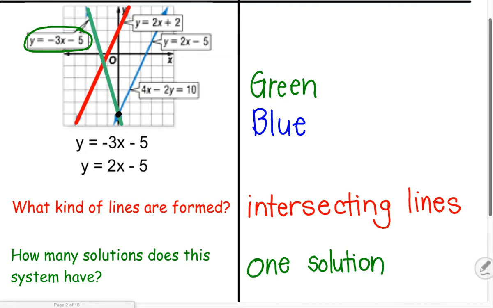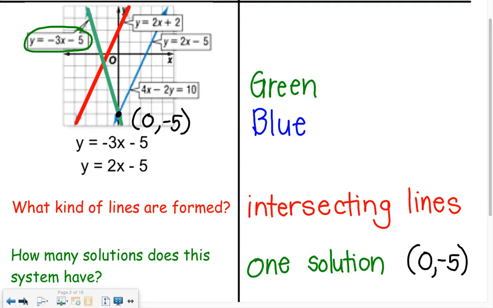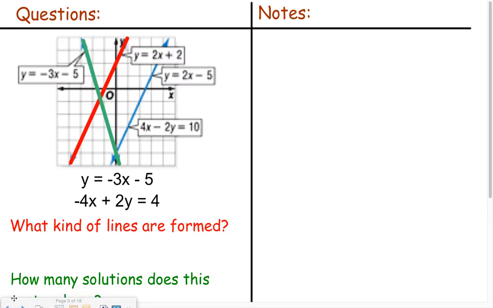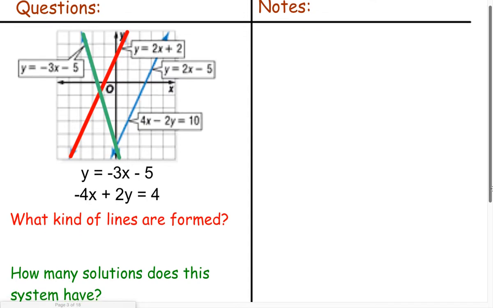So that ordered pair right here would be 0, negative 5. So that's where those two lines intersect. So I'm going to add in there 0, negative 5. So green and blue are intersecting lines. They have one solution at 0, negative 5.